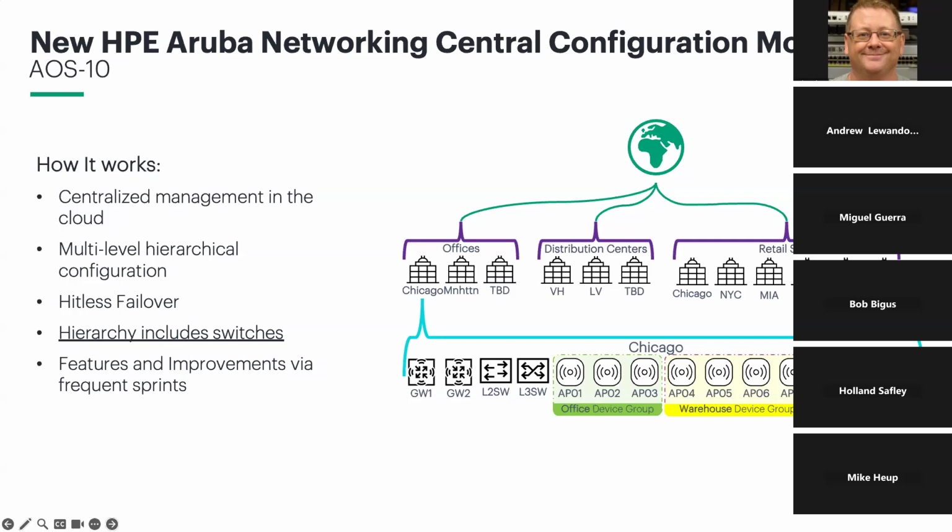But now it's all managed in the cloud and expanded to include not just access points and controllers/gateways, but also switches. Instead of folders and MDs, we have scopes that include site collections, sites, device groups, and device level overrides. The configs can still be inherited top down.